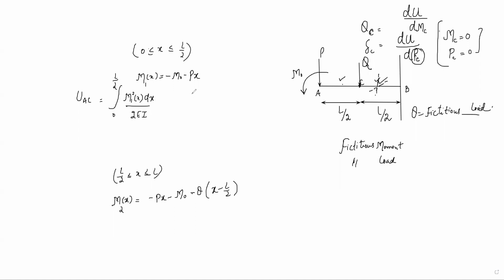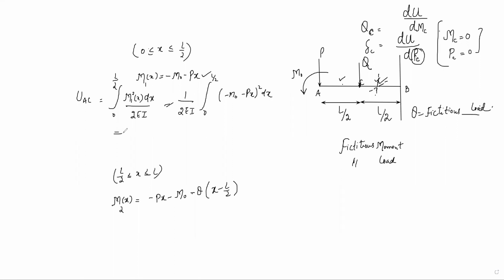In place of M1, you have to write this expression, so that is 1 by 2 times EI, integral going from 0 to L by 2 of minus M naught minus Px whole square dx.